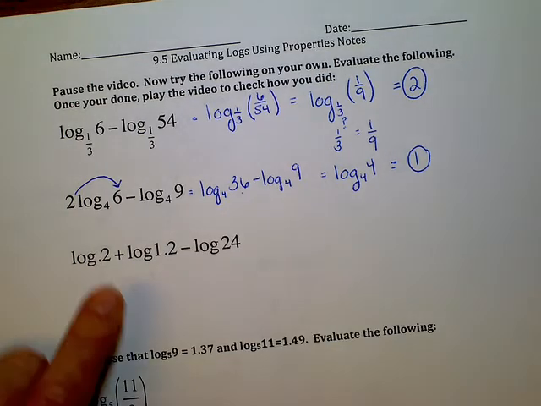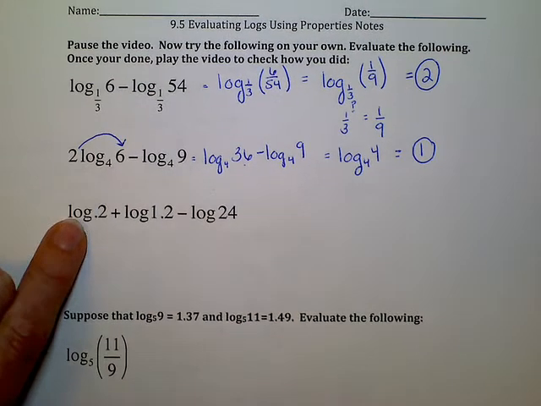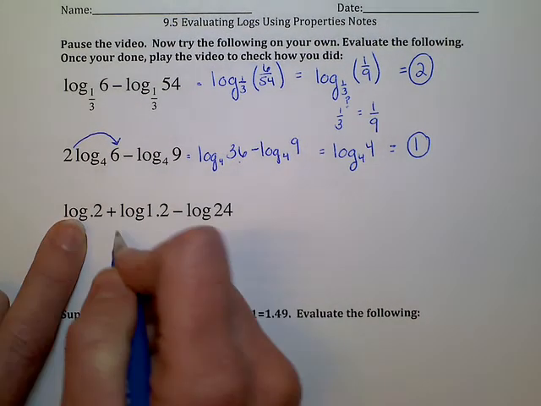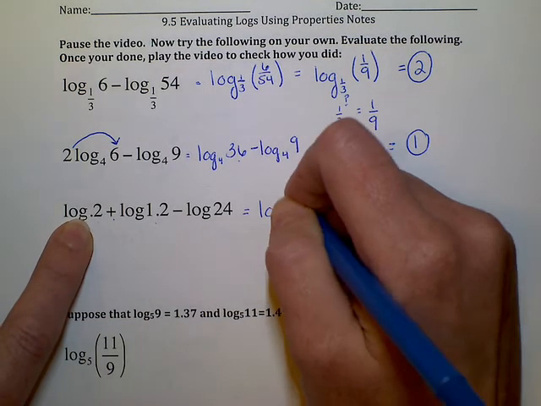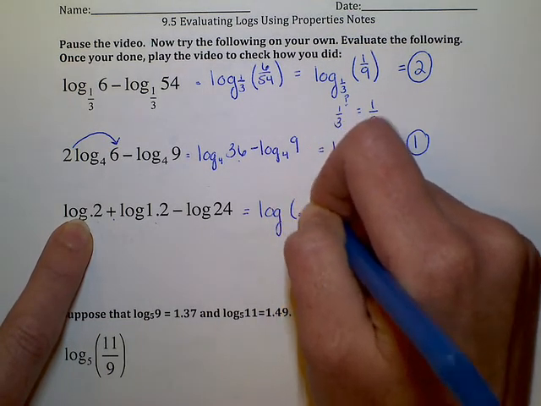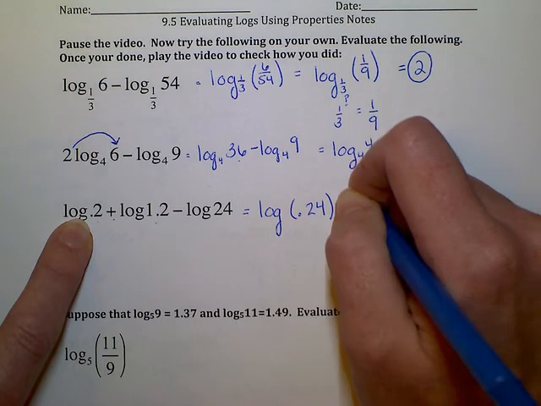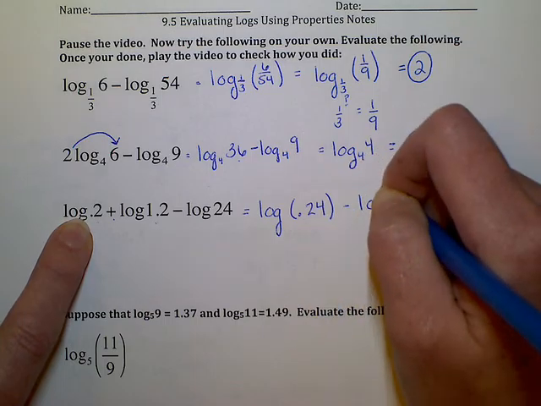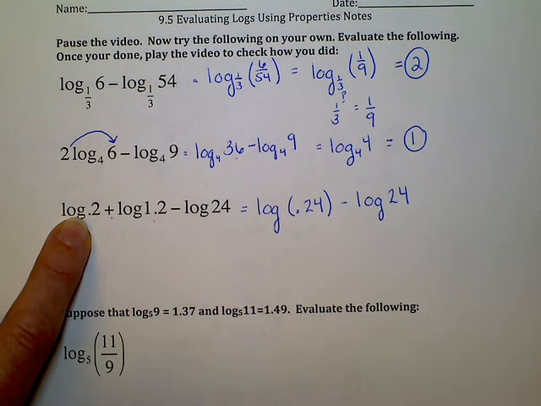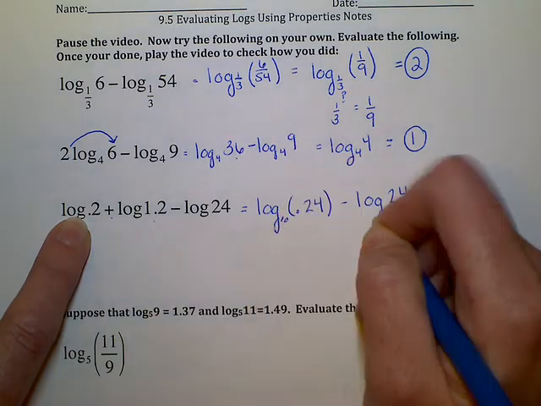All right, now we have some decimals here. I'm adding these logs, so I'm going to go ahead and multiply the insides. 0.2 times 1.2 is actually 0.24. And I'm still subtracting that second log. By the way, these are both base 10. We can write that in.